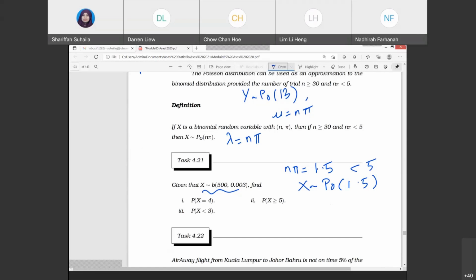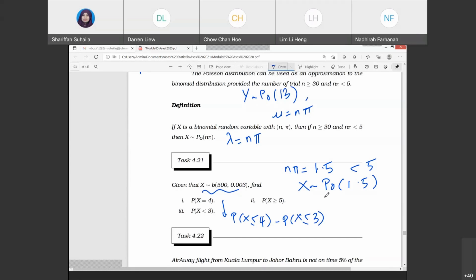Probability X equals to 4. We use lambda equals to 1.5. This one will be probability X less than or equal to 4 minus probability X less than or equal to 3.